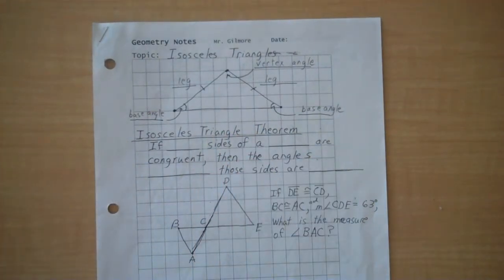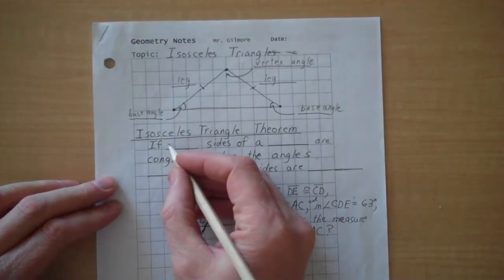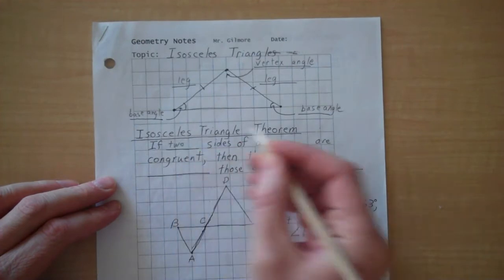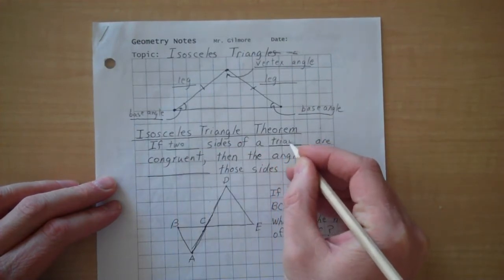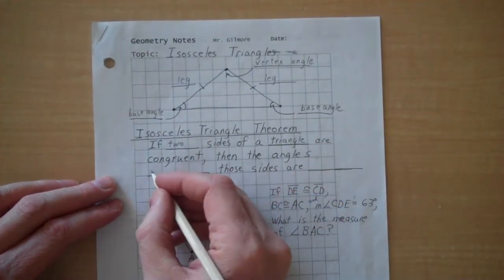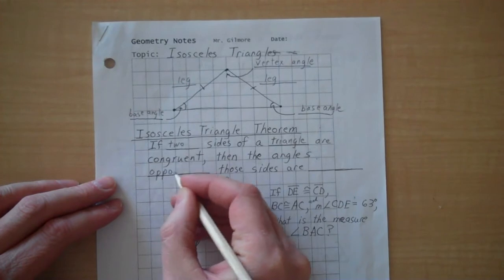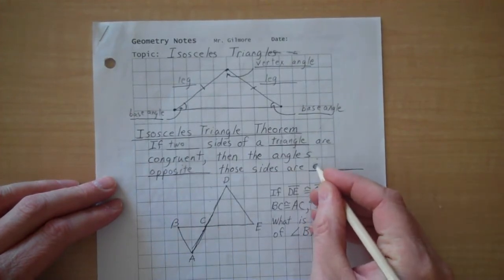Now the Isosceles Triangle Theorem says if two sides of a triangle are congruent, then the angles opposite those sides are congruent.